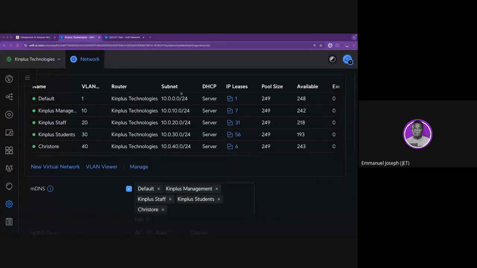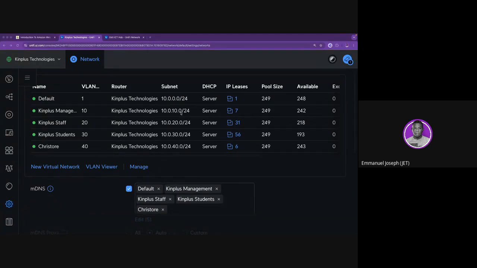But from here, everything is in class C because they are all using /24. So even for this default, the only thing that is available for the host or the devices connected is the last octet. Every other part, no matter what is written there, is for the network. 10.0.0 here is for the network, and only the last 0 is for the host. The same thing applies to 10.0.10.0.